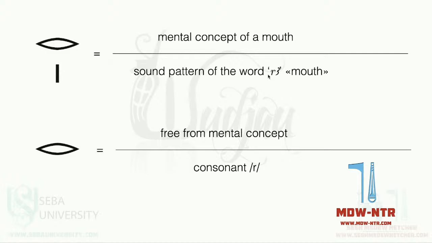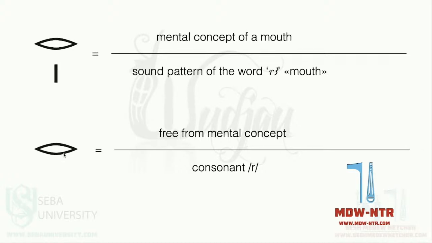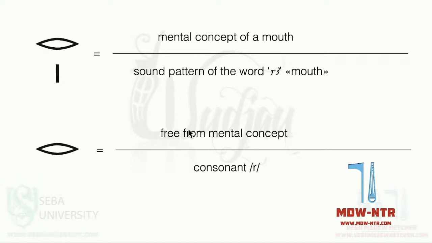Okay? But now, if we were to use this as a phonograph, and here's the climax of the point I'm making, when we are using it as a phonograph, just as this mouth here, now we have to erase the mental concept of a mouth.